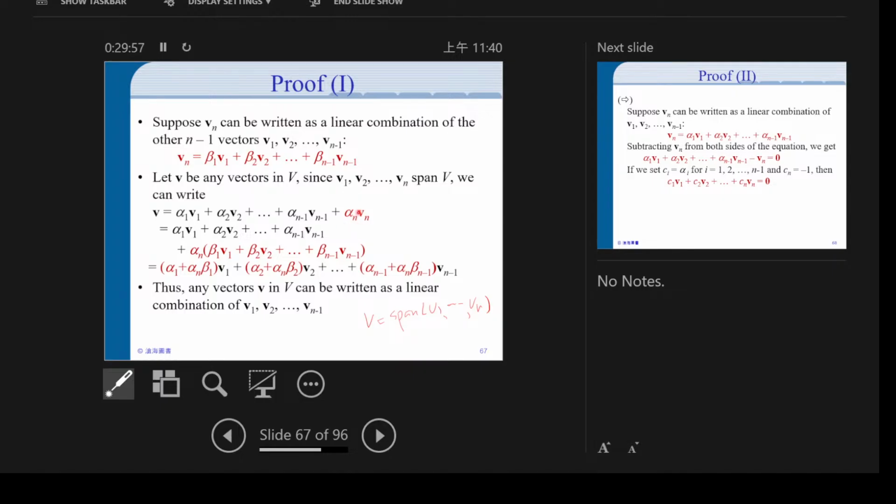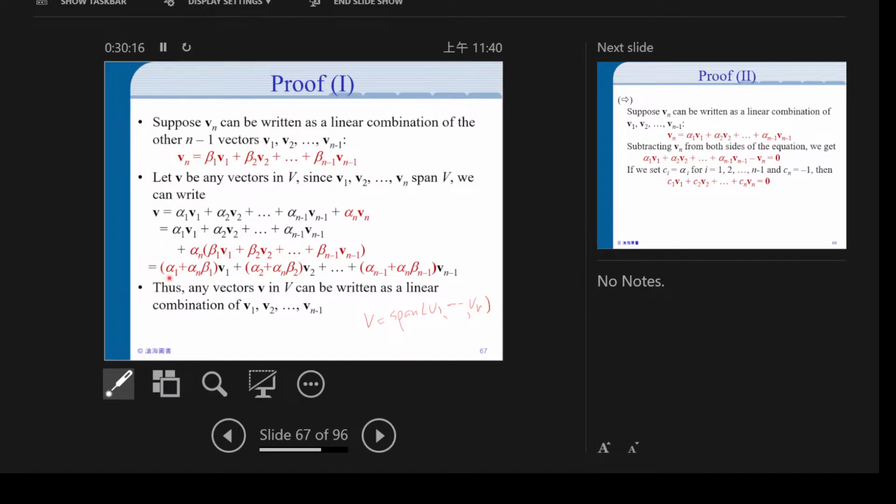And we want to replace this alpha n Vn with a linear combination of V1 to Vn-1, and we can just use this equation. So Vn is beta 1 to beta n-1 times V1 to Vn-1, and then we move things around.